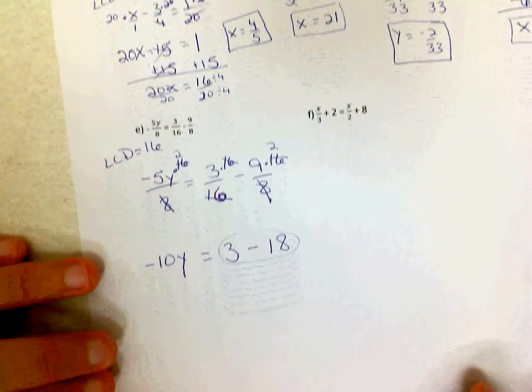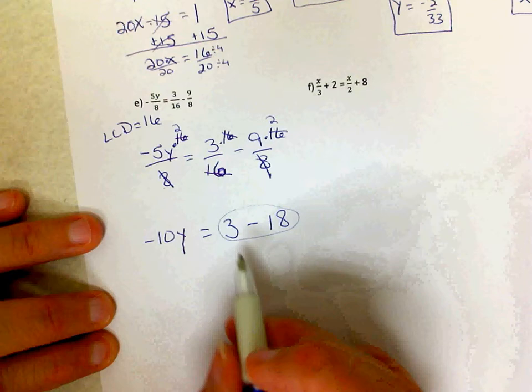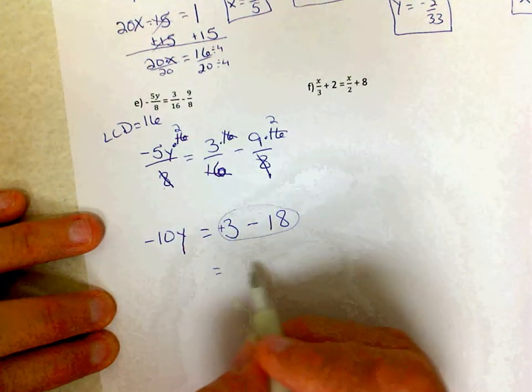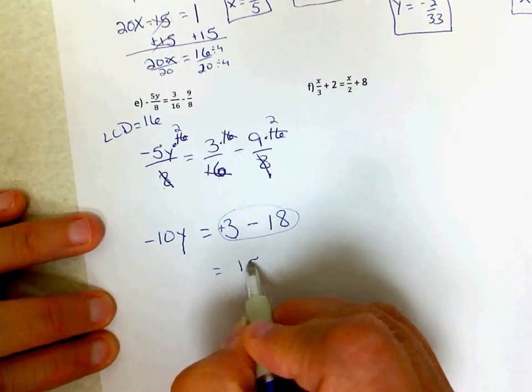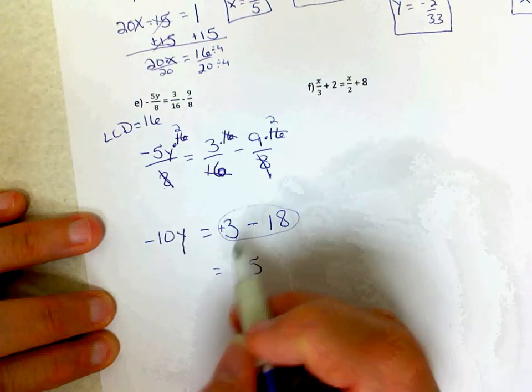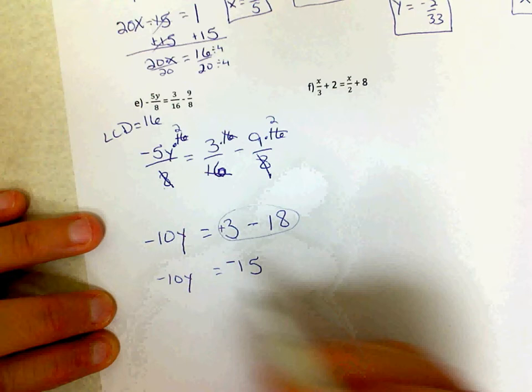Let me scooch it up here a little bit. Opposite signs, so the rule is to subtract. 18 minus 3 is 15, and the sign of the bigger number is negative, so our answer is negative. So negative 10y equals negative 15.